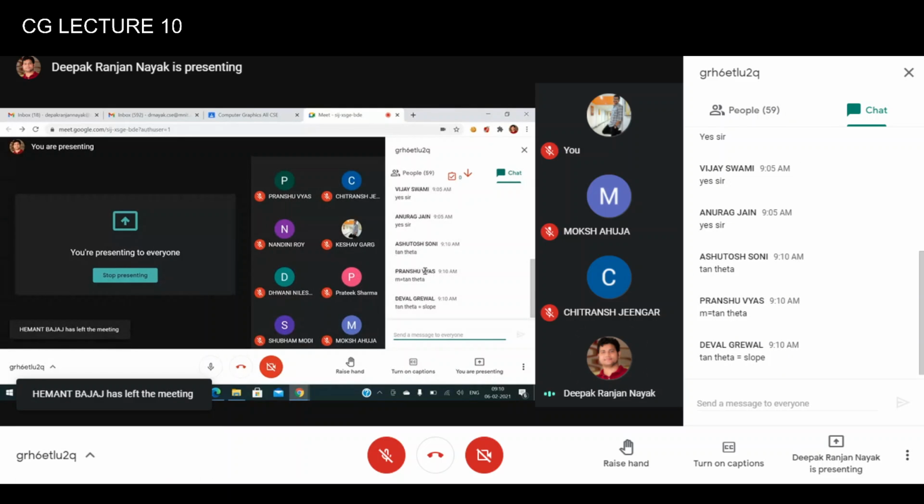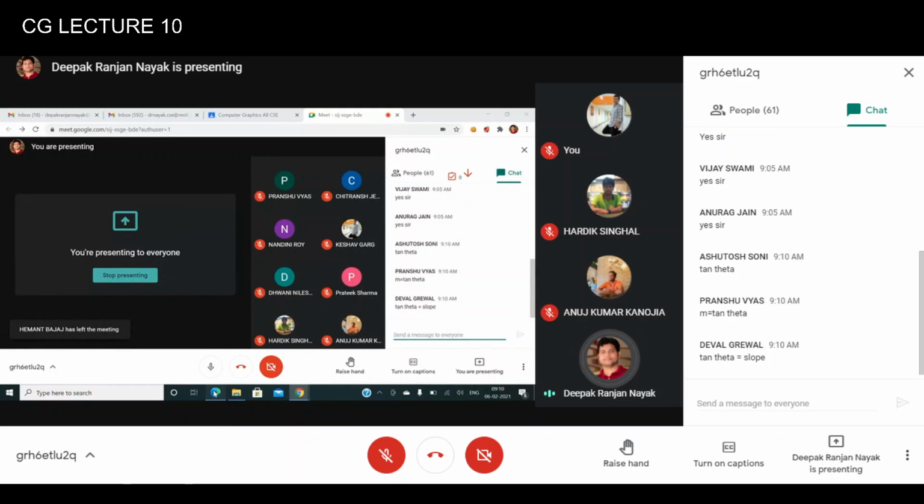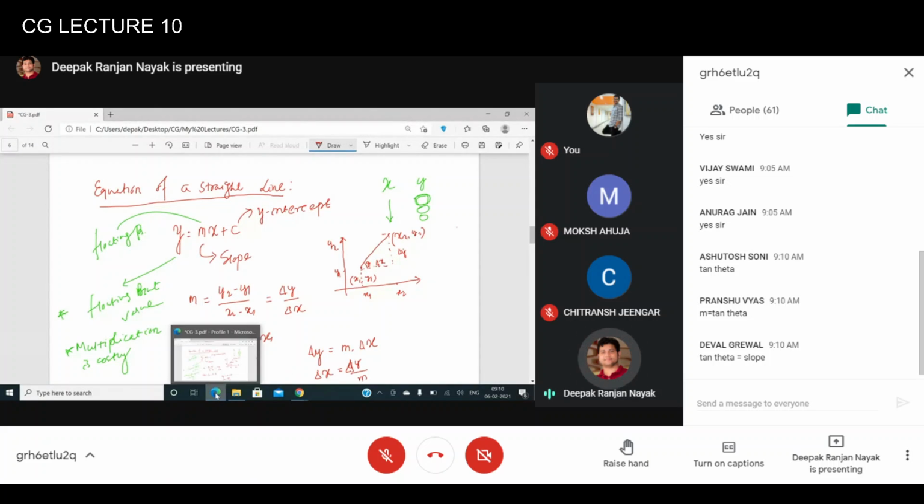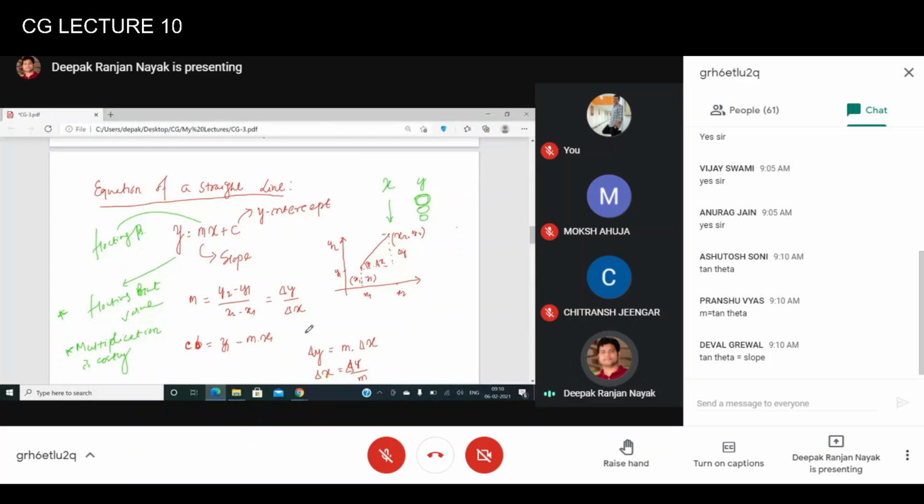Because you can treat this as a right angle triangle, and we know how to calculate tan theta given both sides of a right angle triangle. So you all know, right? m is equal to tan theta, which is otherwise called the slope, right? Okay, fine.